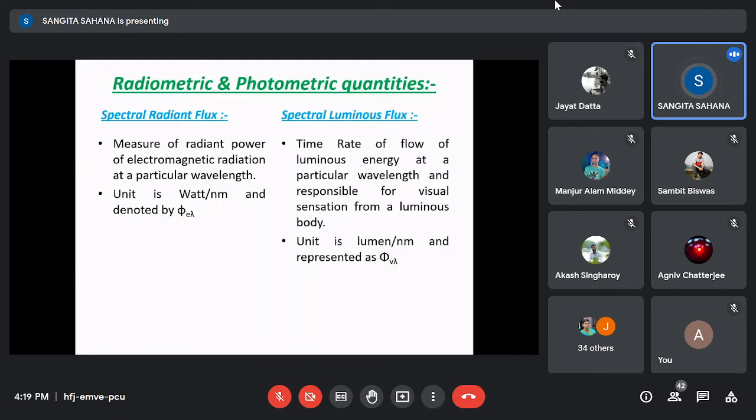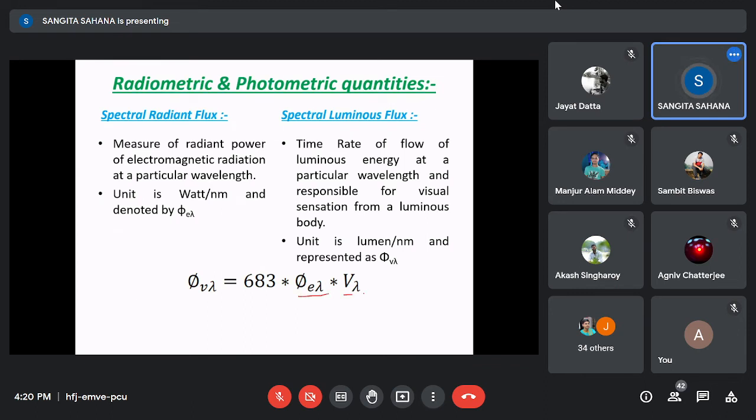We have discussed this one earlier, the radiant flux and luminous flux. Radiant flux is the total, considering the UV, the visible and the infrared. But if you take only the visible part of the radiant flux, you will get the luminous flux. So phi E lambda is the spectral radiant flux.